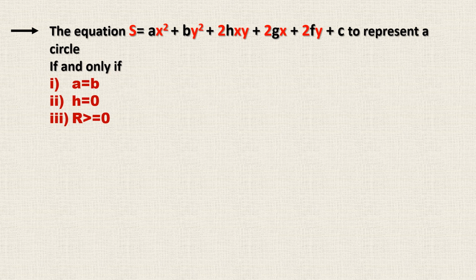Coefficient of the term xy must be equal to 0. And radius of the circle must be greater than or equal to 0. If the three conditions are satisfied by the equation, then it is going to represent a circle with the center (minus g by a, minus f by a).